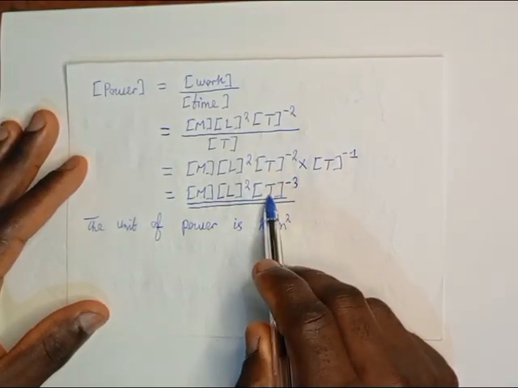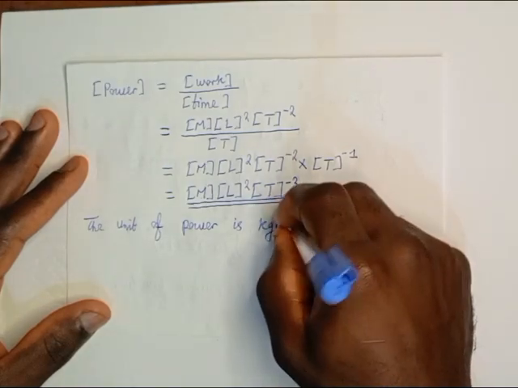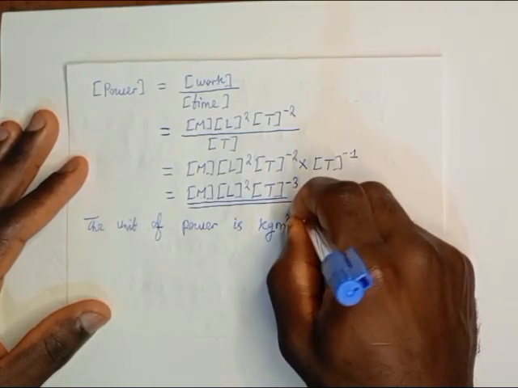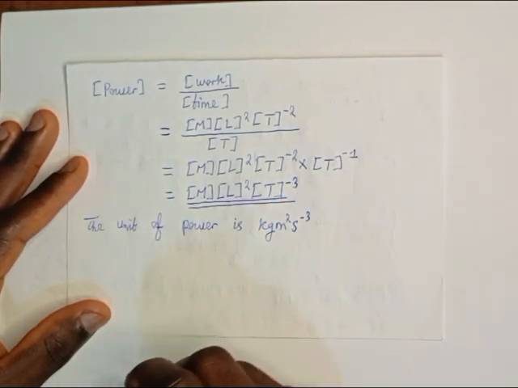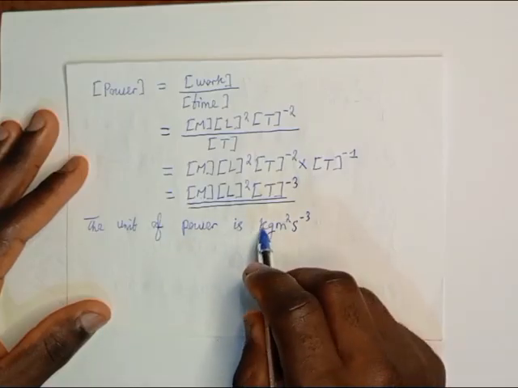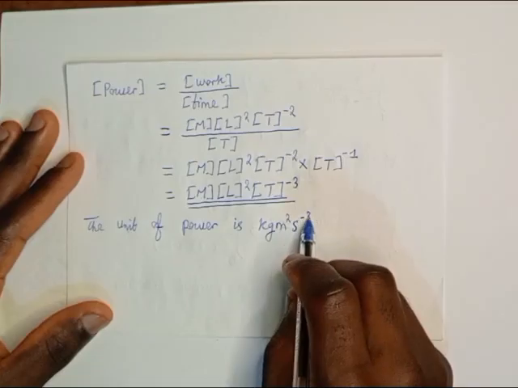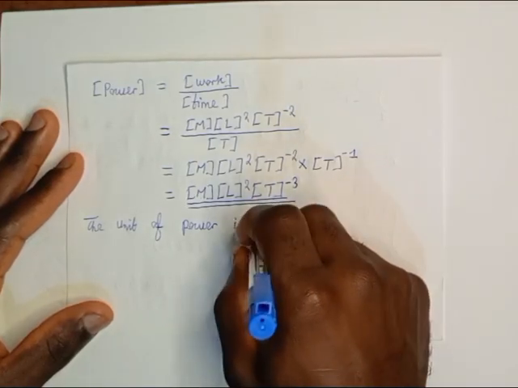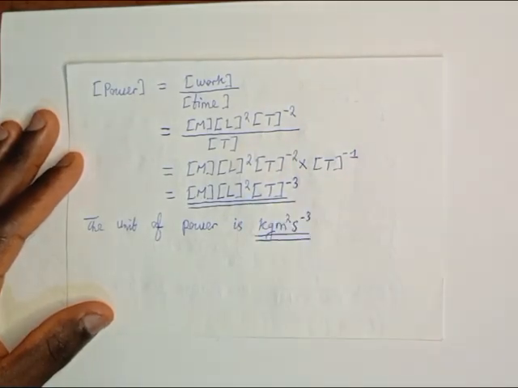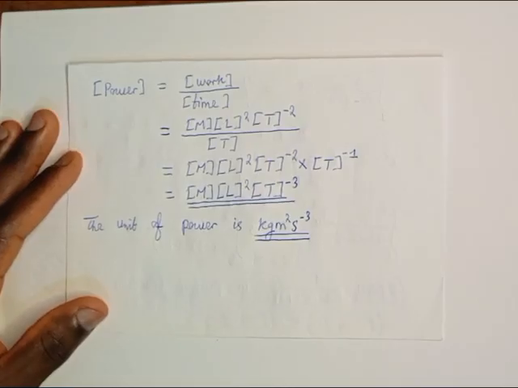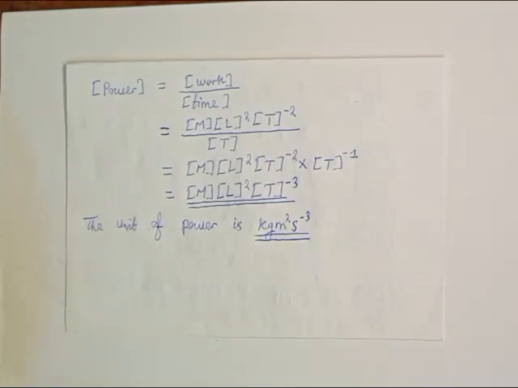Lastly, we replace T with the unit of time, which is second to the power negative 3. Therefore, the unit of power is kilograms meters squared seconds to the power negative 3. You underline the unit. We are done with the solution of the following questions.